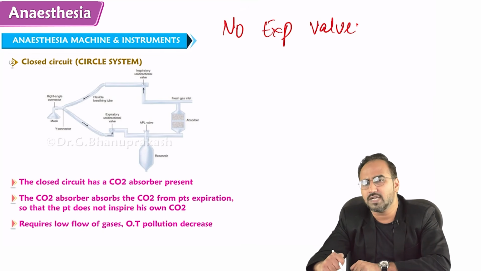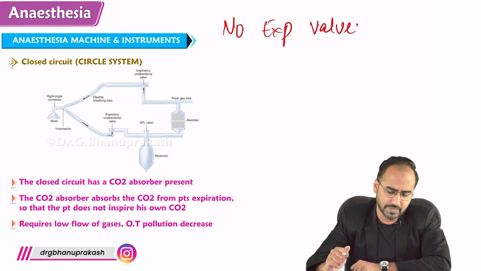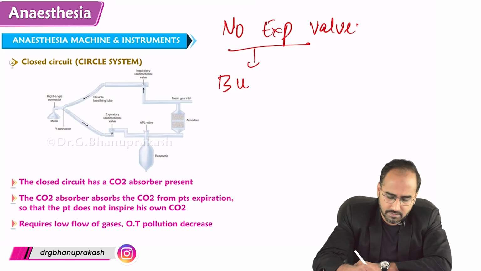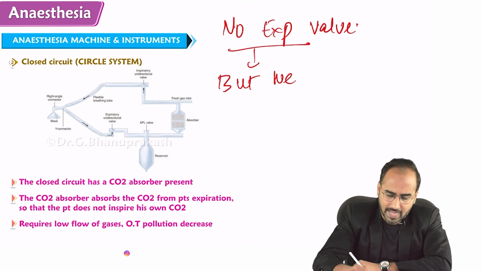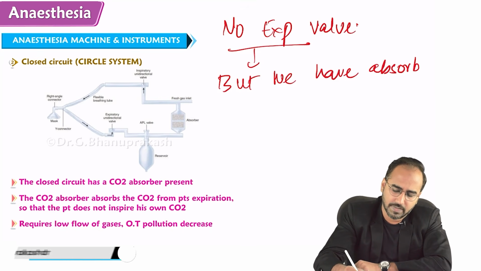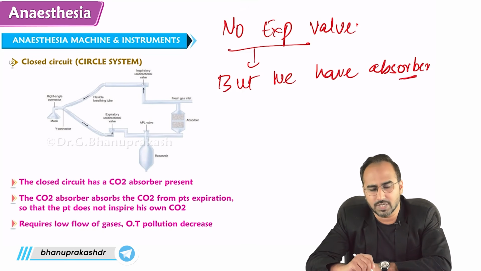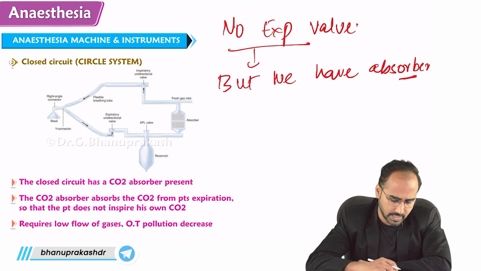The function is to absorb the carbon dioxide. So in the closed circuit, there is no expiratory valve, but there is an absorber. What is the absorber in the closed circuit? It is soda lime or Baralyme, right?